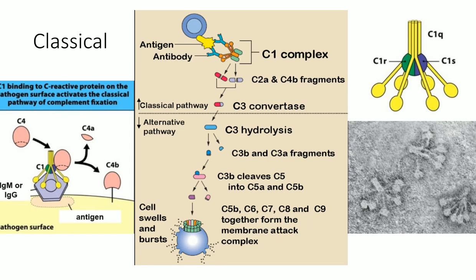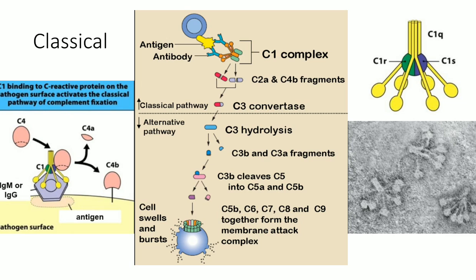First is the classical pathway. As I have told, it will be triggered by antigen antibody complexes. Here the antibody is involved, and when the first complement is activated, to where will it bind, to the antigen or to the antibody? To the antibody; they attach to the Fc portion of the antibody.